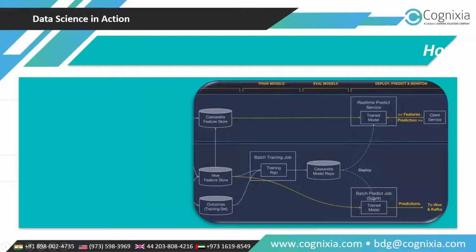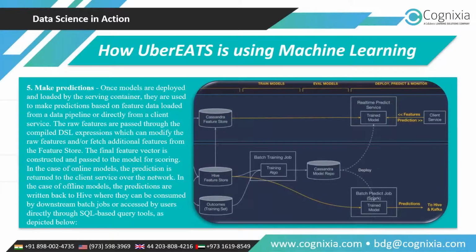And finally, we come to the step where we make the predictions. So how do we make the predictions? Once our model is deployed in the online model container, we fetch the input information about the customer and about the restaurant from the Cassandra feature repository.